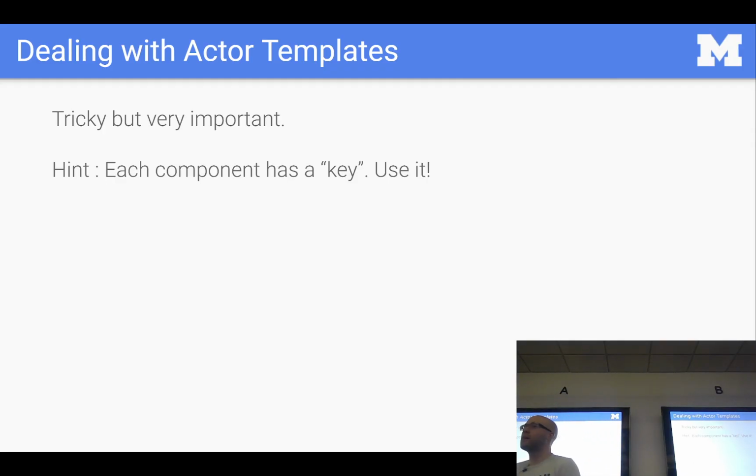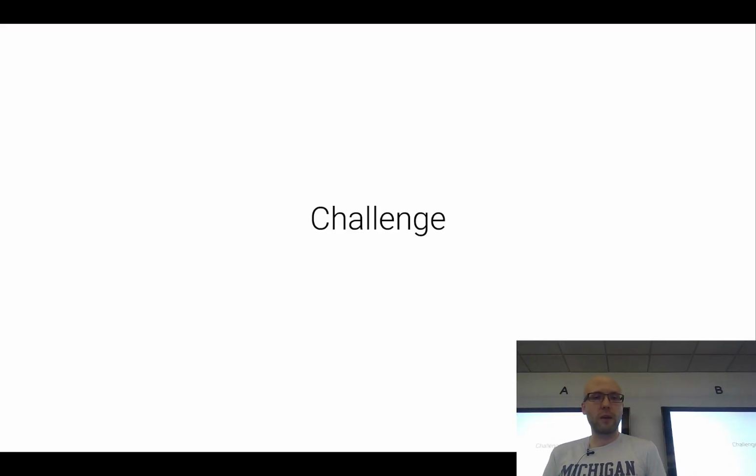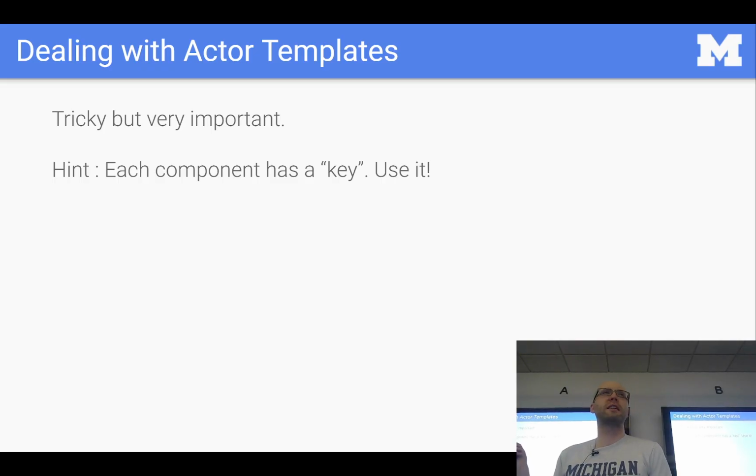And a hint is that you can use the key that each component is guaranteed to have to know whether this is a new component or whether it's the same component being edited. Okay? So anyway, you'll get a feel for this as you get deeper into the test cases. And if you choose the right data structure, this is actually super easy. It's something to think about. Okay, this was actually the hardest part of designing the engine when I was making the course.